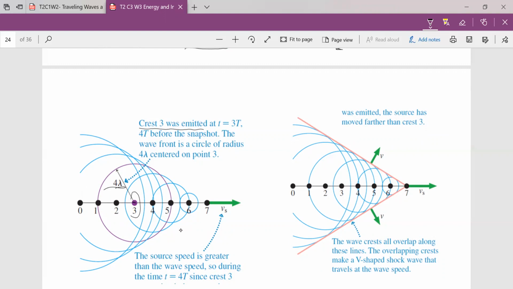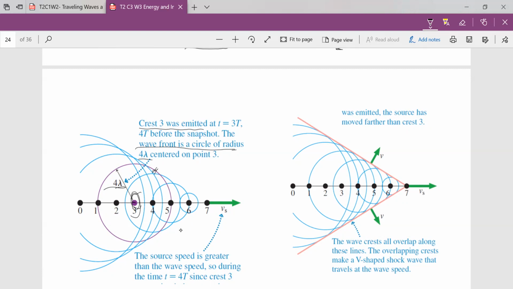So the third crest was produced 4T before the snapshot. Our focus is on this purple circle. The wave front is that circle with the radius, and that's the center.